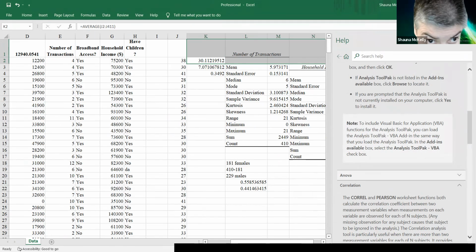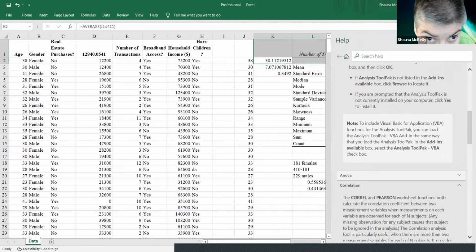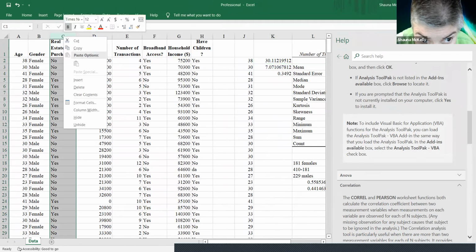Real estate purchase, okay, so that's gonna be this column here. It's gonna be C.